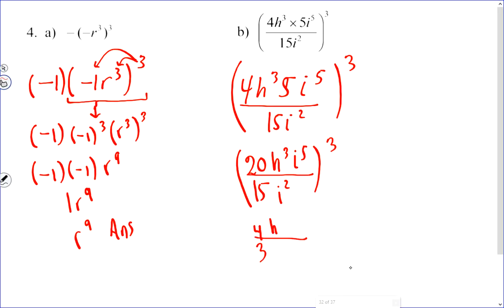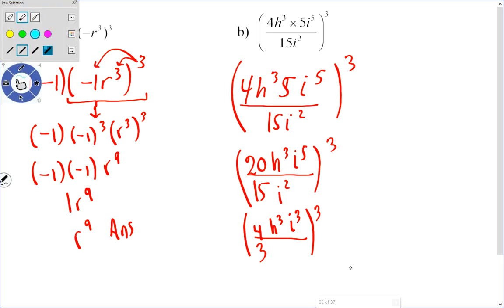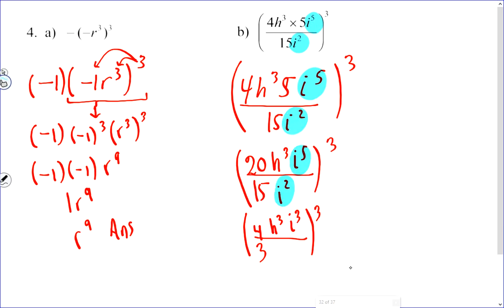I have an h cubed, and I also have an i cubed. The reason I have i cubed is in the original expression, I have i to the 5 over i squared. So if I subtract those exponents, then I'm going to get i cubed.